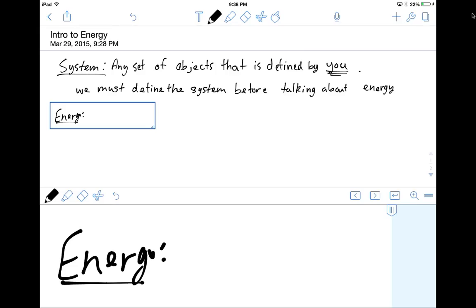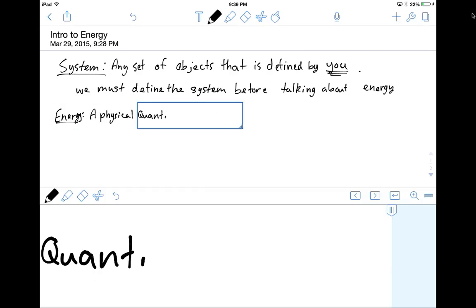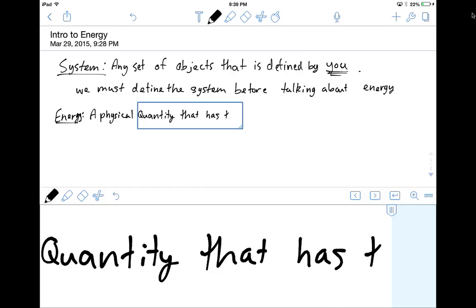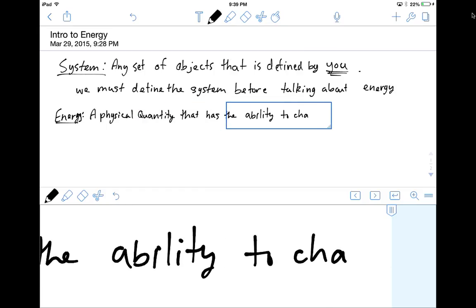Energy is a physical quantity. Quantity means it has an amount. We can put a number on it.